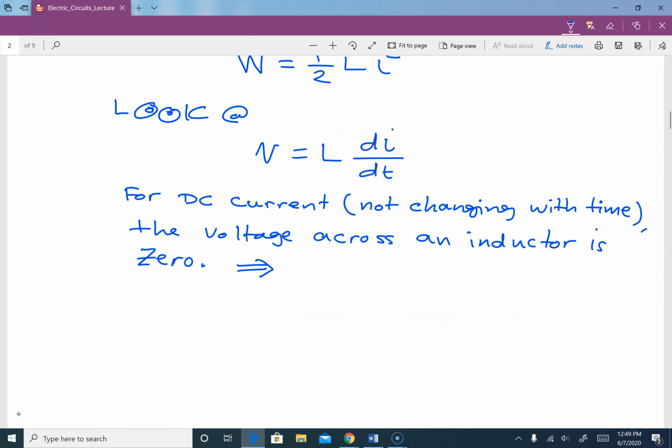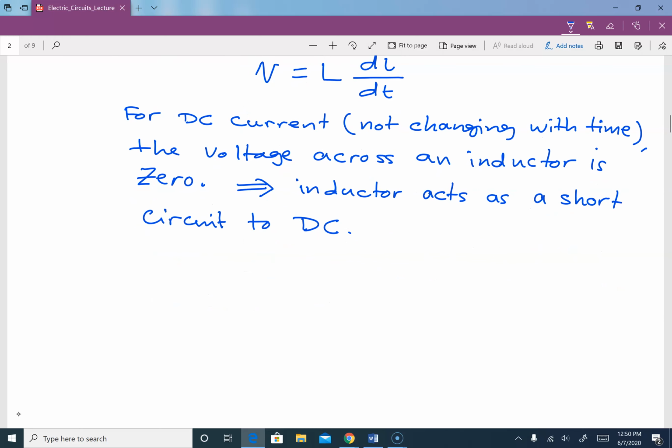This will give us that the inductor acts as a short circuit to DC, because the voltage is 0.